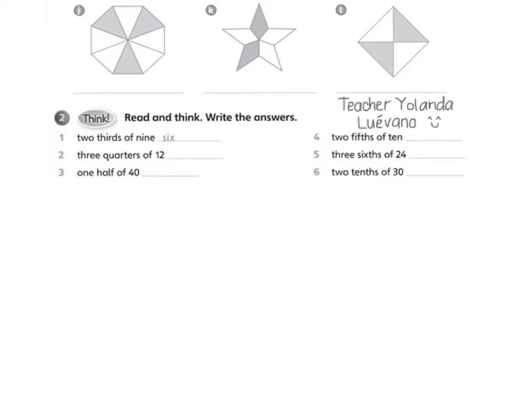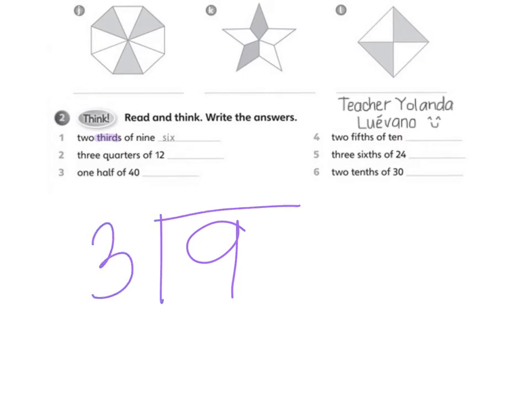In this case, we're doing divisions. We are dividing this. So if we have a 9 and we have 2/3 of 9, what is the denominator? The denominator is a third. So what we're going to do is divide by 3.